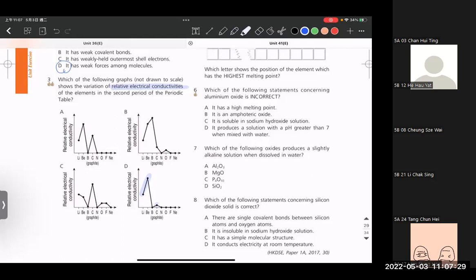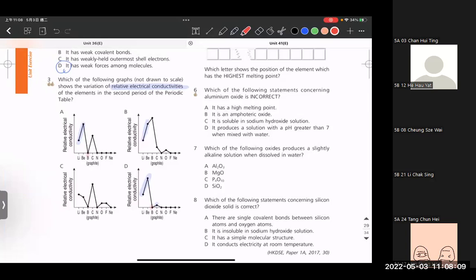As long as you choose lithium and beryllium with this trend, and you know that boron is a semi-metal, you may get the answer correctly. Leaving behind is just the other two. I know some of you may have got confused about that.